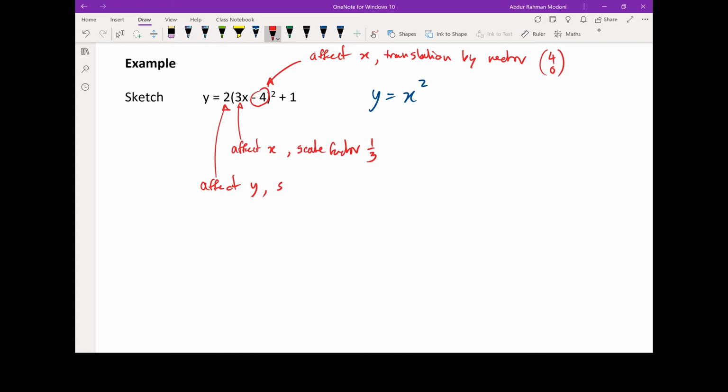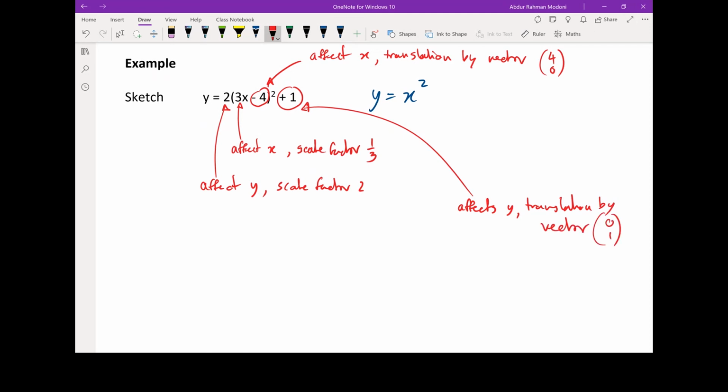And it's a scale factor because it's timesing, scale factor of 2. And then we've got this plus 1, which is outside the bracket again, and that affects y, a translation by vector (0, 1).